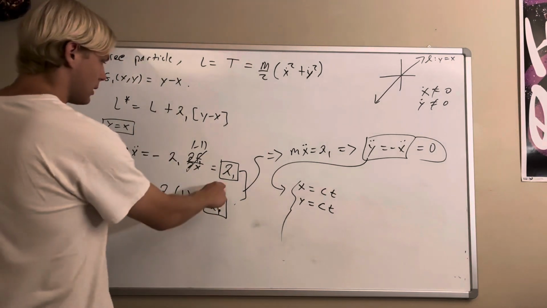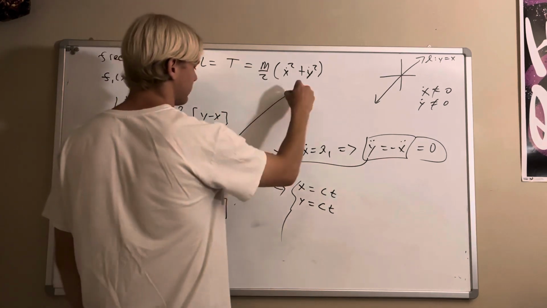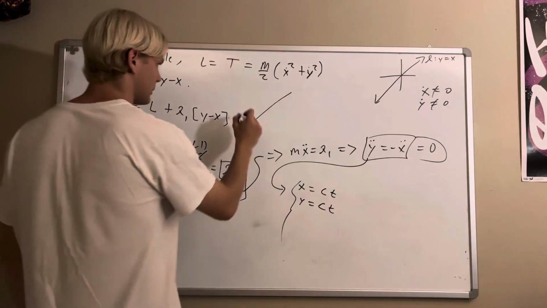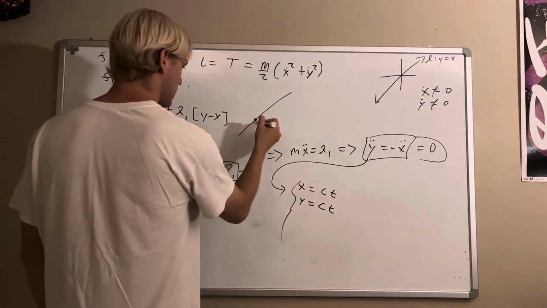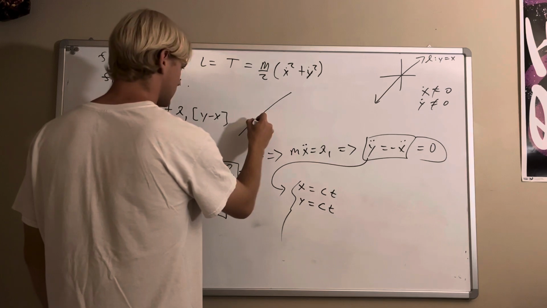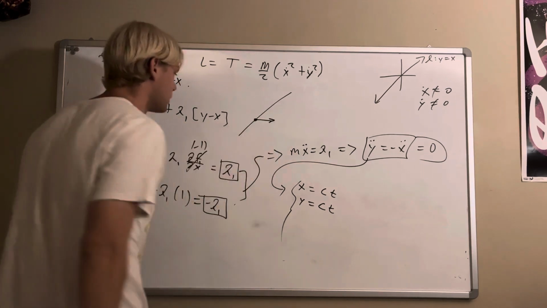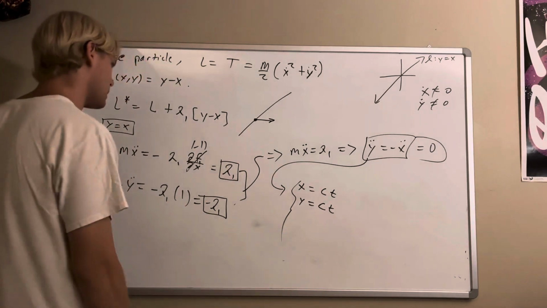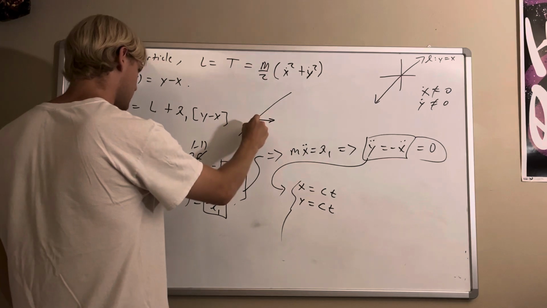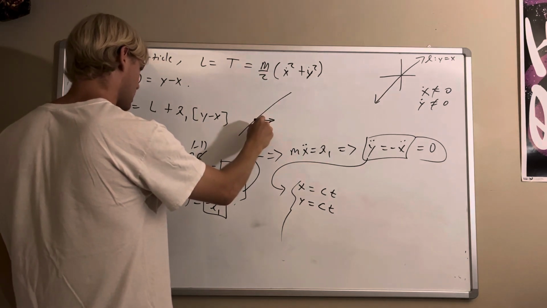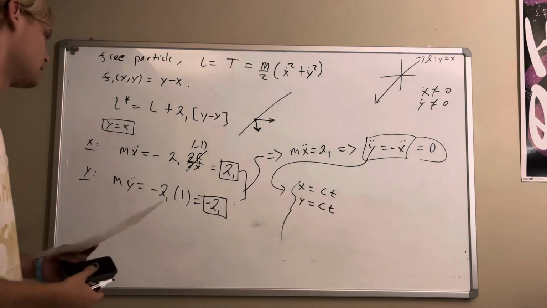So you get in the x direction along this curve, at any point, the particle is going to experience a force pushing it that way. And there's going to be another force pushing it down, which doesn't look like it makes sense, but that's what happens.